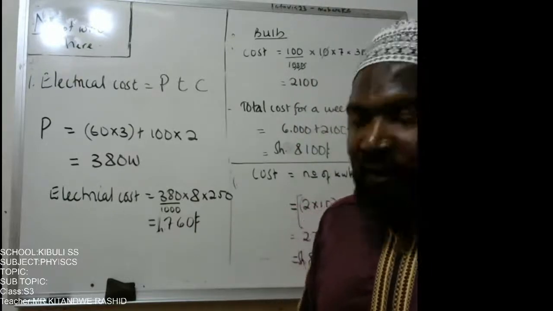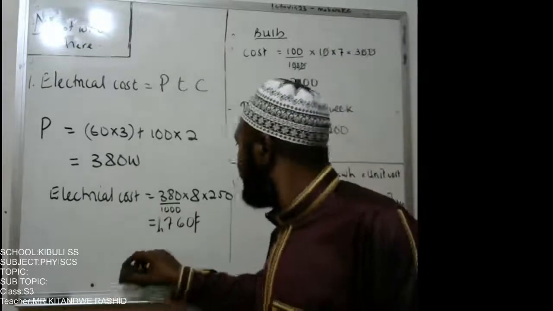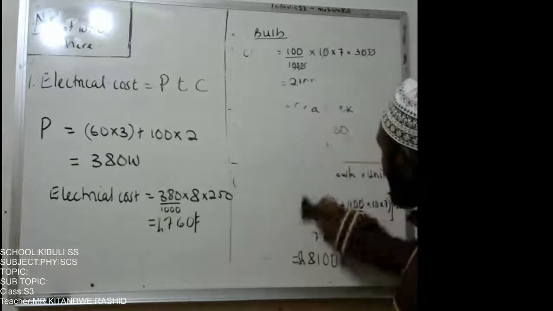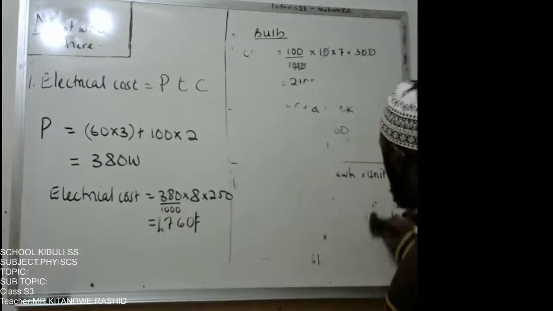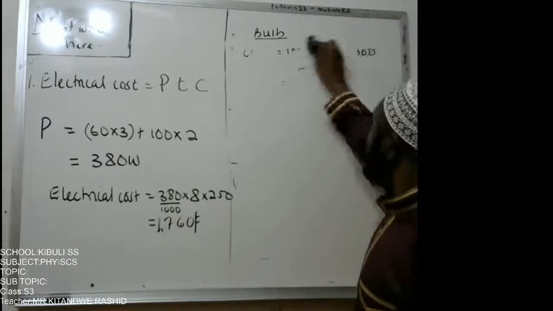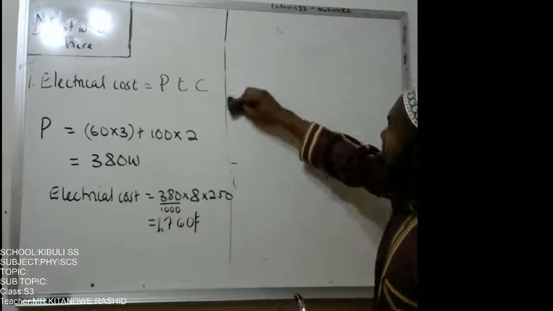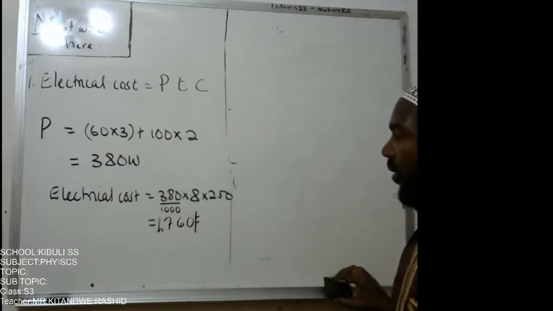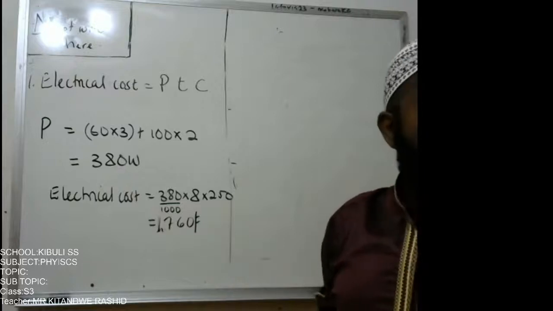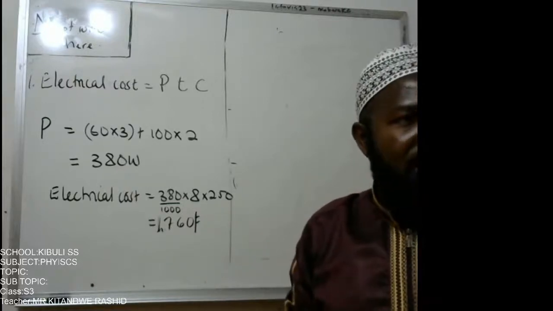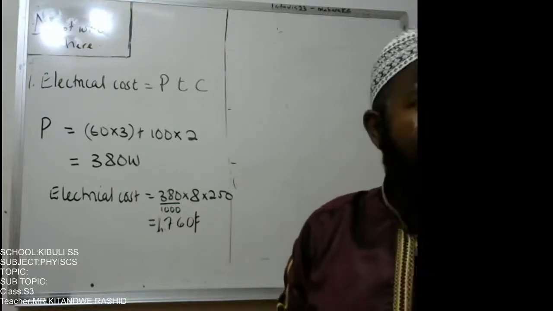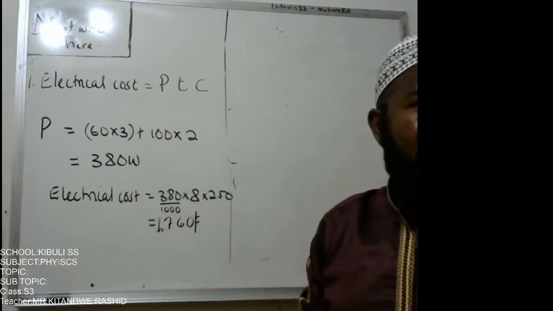Then number 4. A 2 kilowatt heater used for 10 hours and a 100-watt lamp used for 8 hours each day.